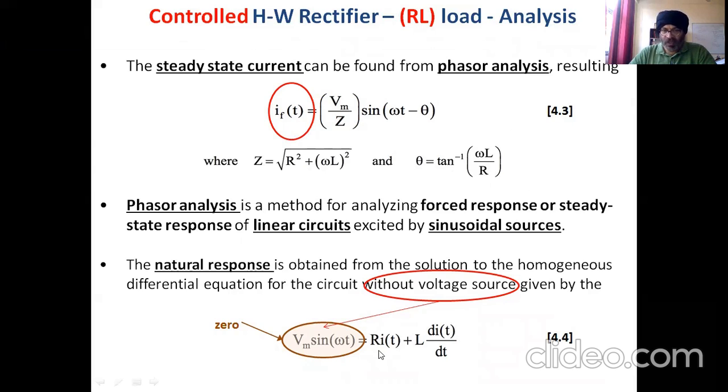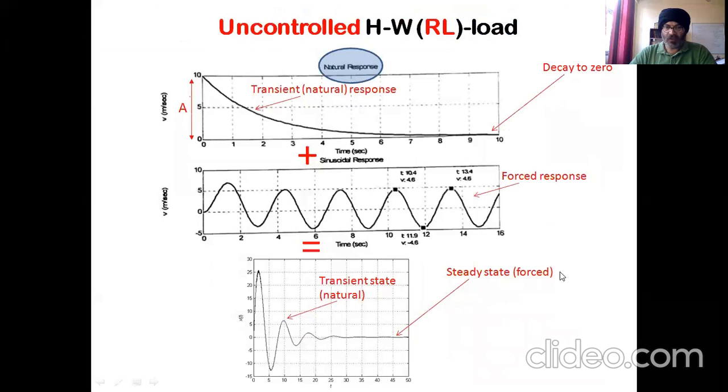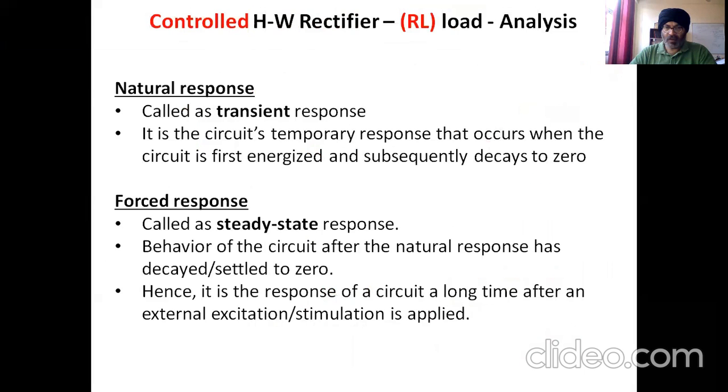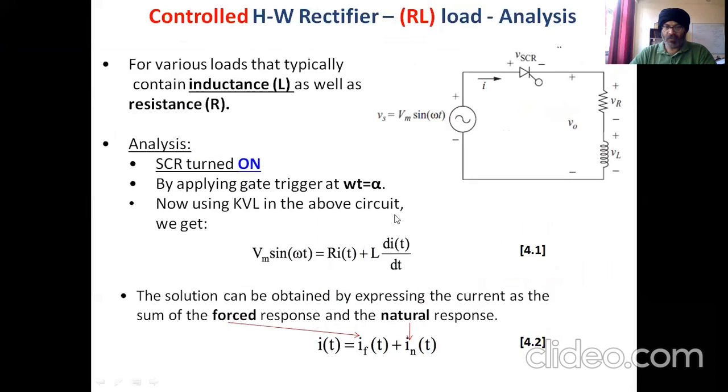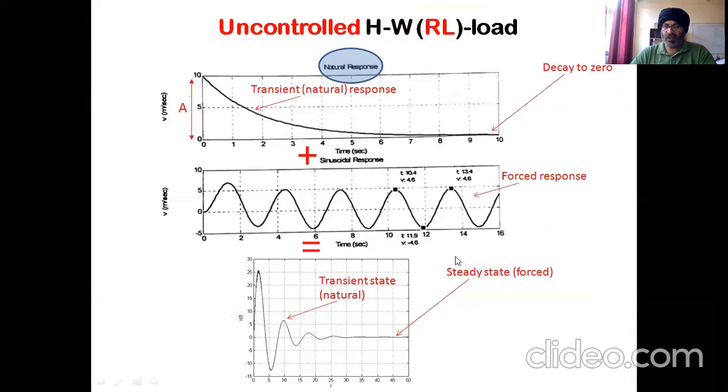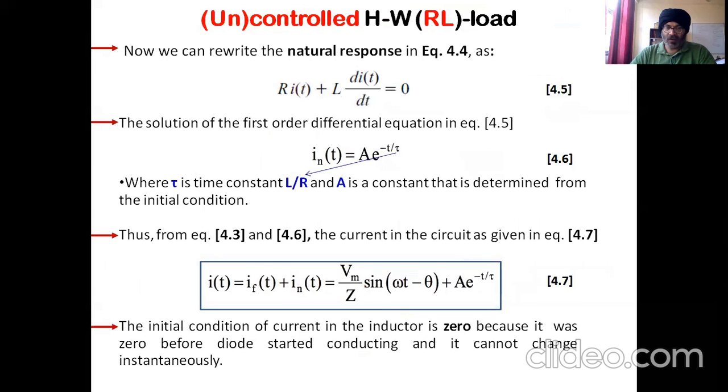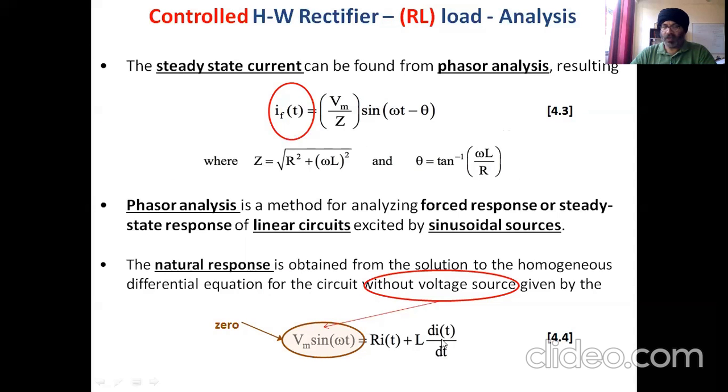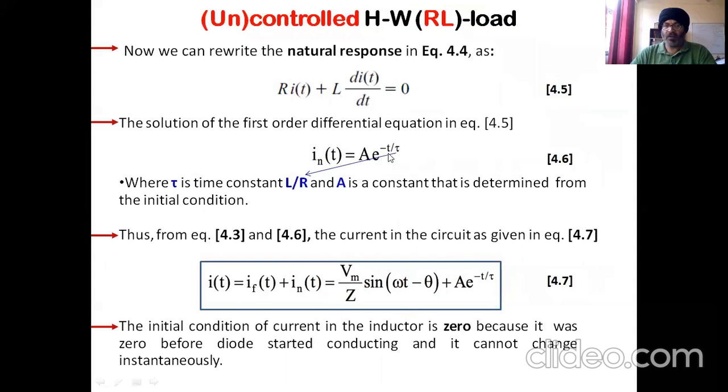From equation 4.1, we saw that the voltage source was applied, and when this thyristor was on, we got a KVL: voltage supplied equal to voltage drop plus voltage drop. Same over here, but now the voltage supplied is 0. So equating this to 0, we have this, and we can solve it using differential equations.